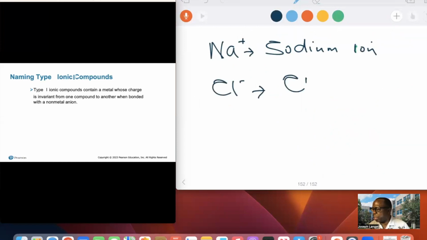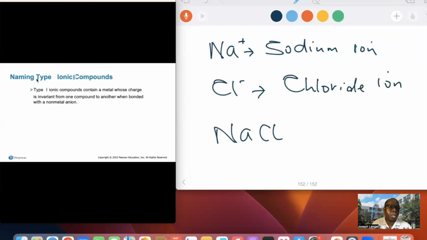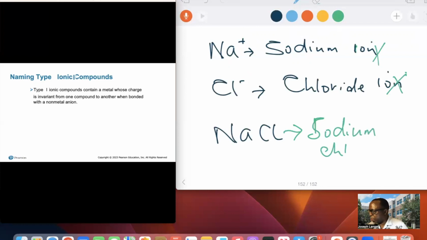You change the ending to chloride, IDE, ion. And look at how you name this. That's why the title here, type 1, is binary. You can read it, and you say sodium, you always start with the metal, sodium chloride, not ion. We can read of ion for type 1.